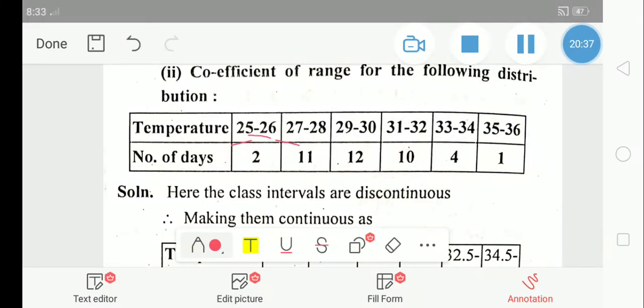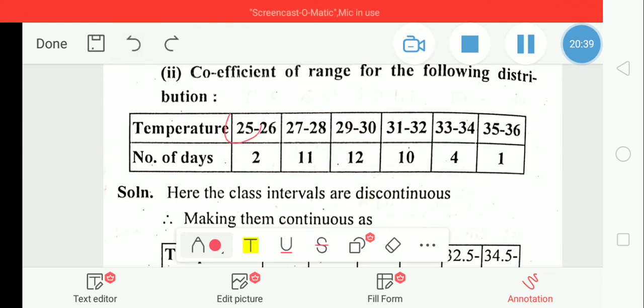In the first term of each class, we subtract 0.5. So 25 becomes 24.5, then 26.5, 28.5, 30.5, 32.5 and 34.5.